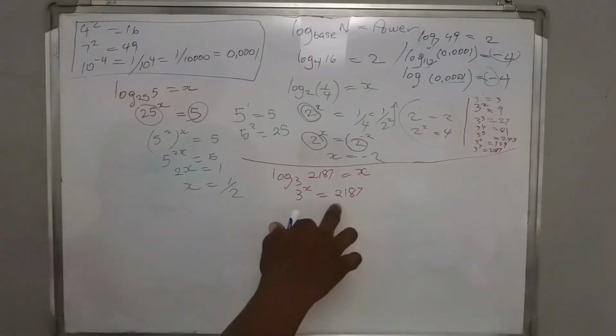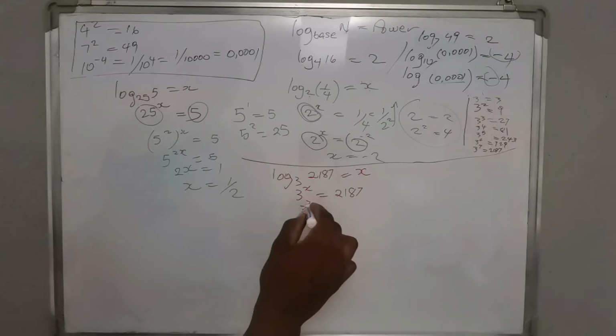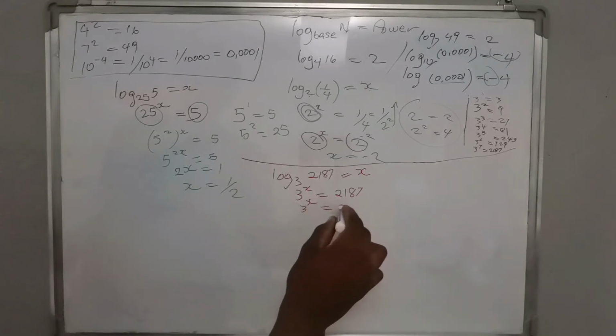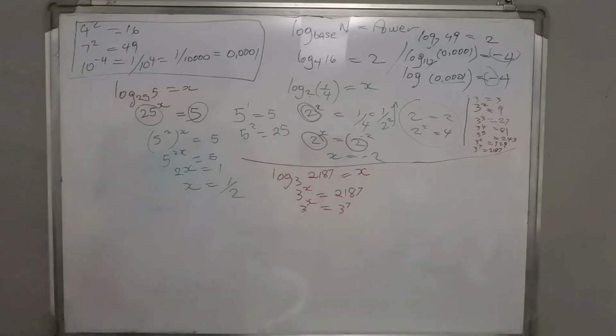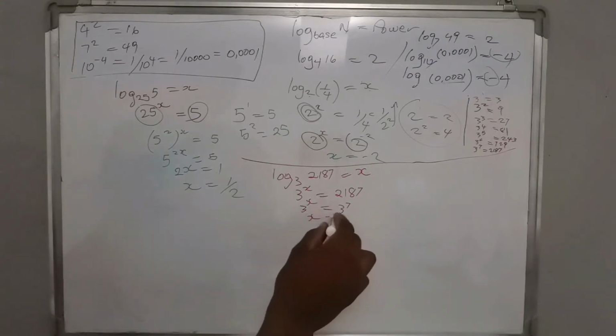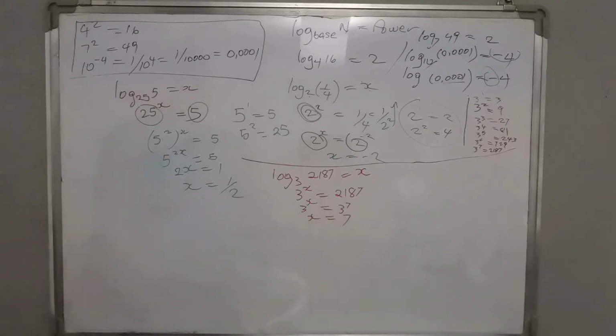We have found what we wanted. So 3 raised to x is the same as 3 raised to 7, so x is equal to 7.